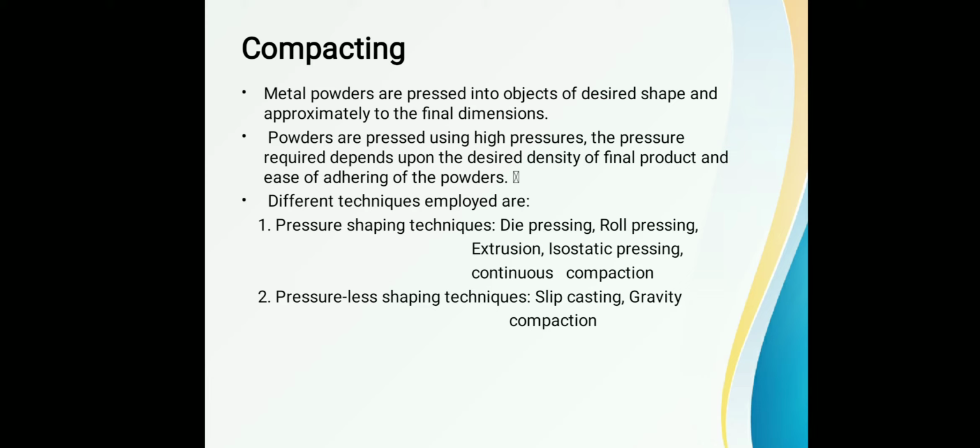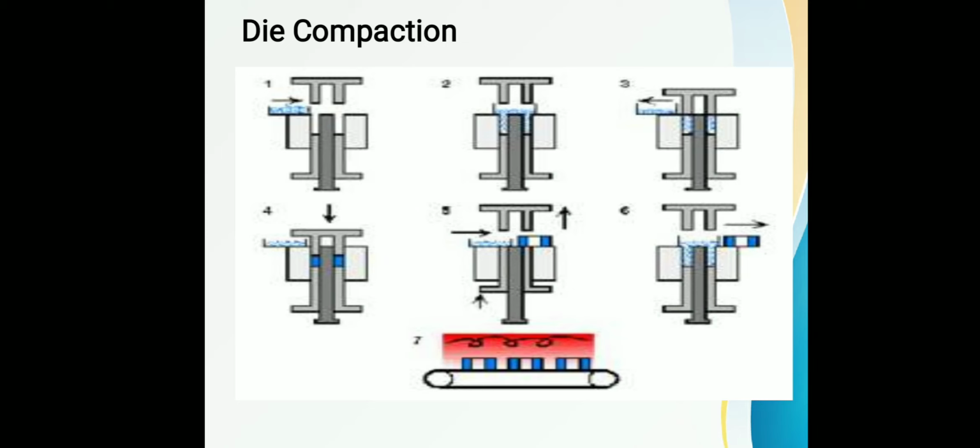So we will study the first process, that is die compaction. In the figure we can see the use of two punches and a die. In the first figure, the upper one is named the upper punch, the lower one is named the lower punch, and in between there is a die.